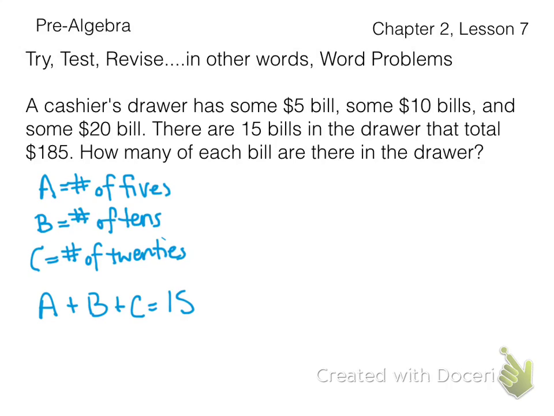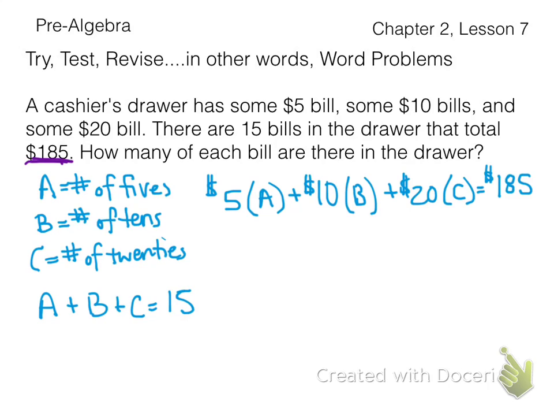Next we need to figure out how the total amount of money is involved. How much is a $5 bill worth? $5. How much is a $10 bill worth? 10, and 20 for 20. So 5 times A is going to give you the amount of money those $5 bills are worth. 10 times B is going to give you how much the $10 bills are worth, and obviously 20 times C is going to give you how much the $20 bills are worth.